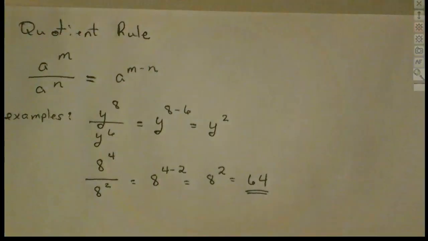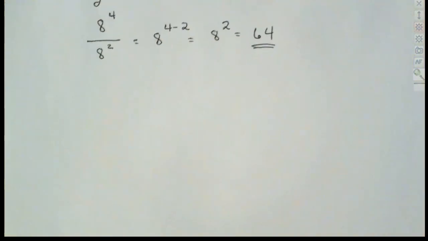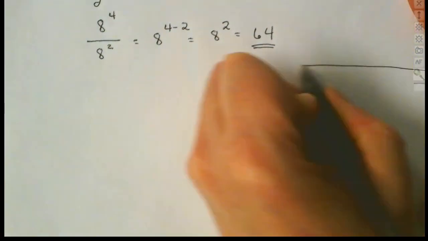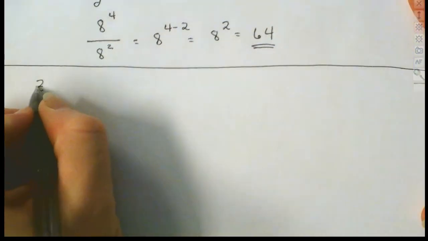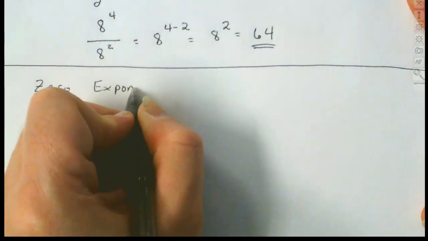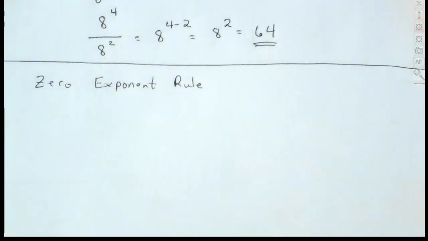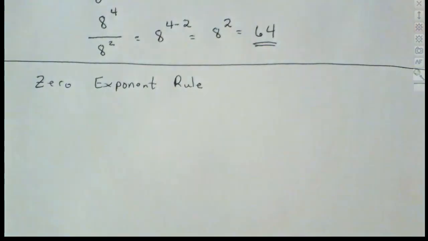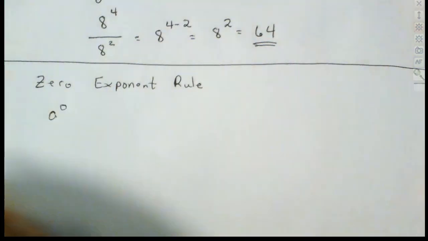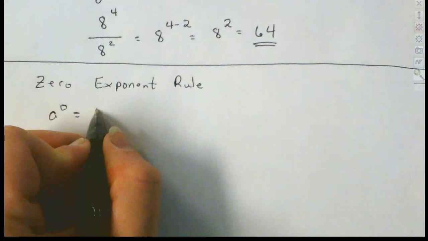Now the one that I think is the easiest, but students really get confused about, is the zero exponent rule. Now, the zero exponent rule says any number raised to the 0 power is going to be 1.